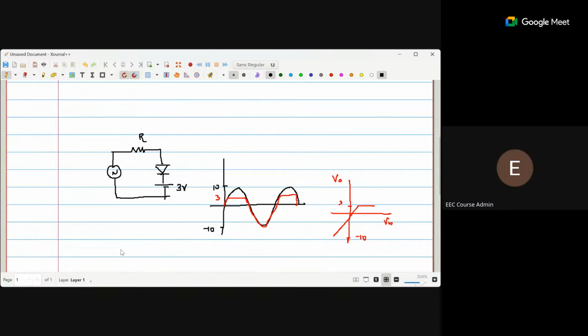This is V naught. Across the diode, you mean to say? Not across the diode, across all together: the diode and the 3 volt voltage source.